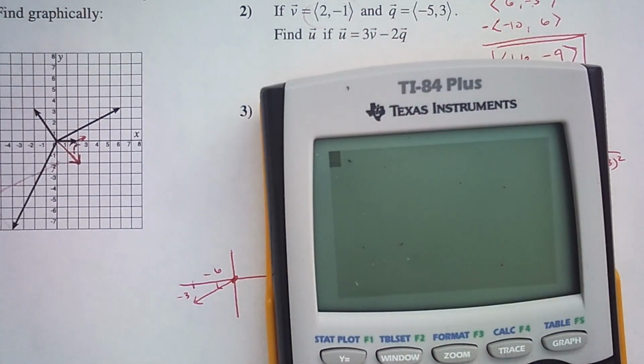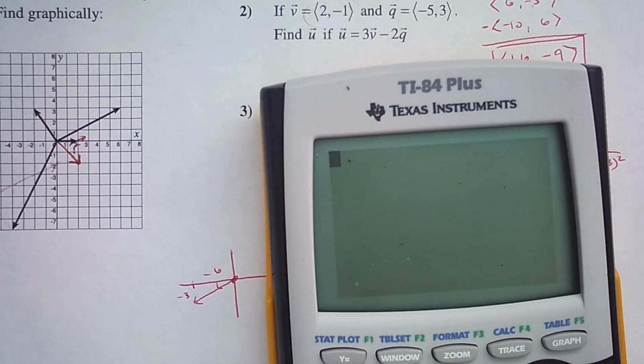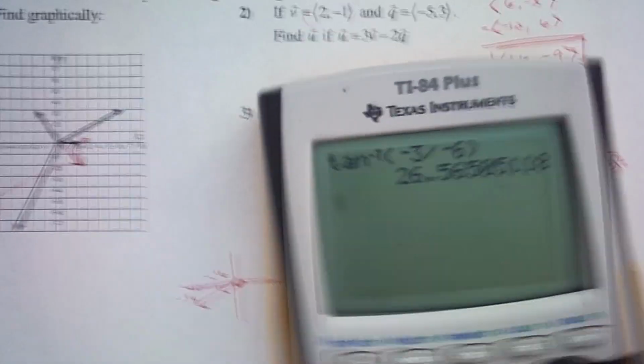Okay, so in my calculator, I'm going to first make sure that I am in the right mode. I want to be in degree mode. Okay, then I'll do arctangent, so second tangent, -3 over -6, or I can do 3 over 6, canceling out the negatives, and I get 26.57.